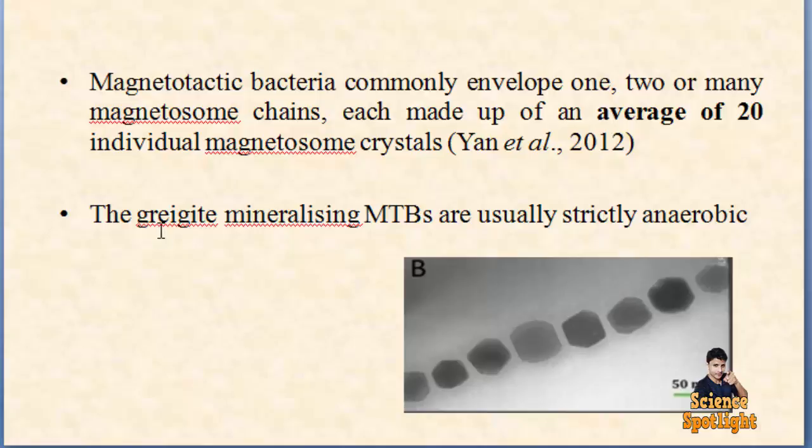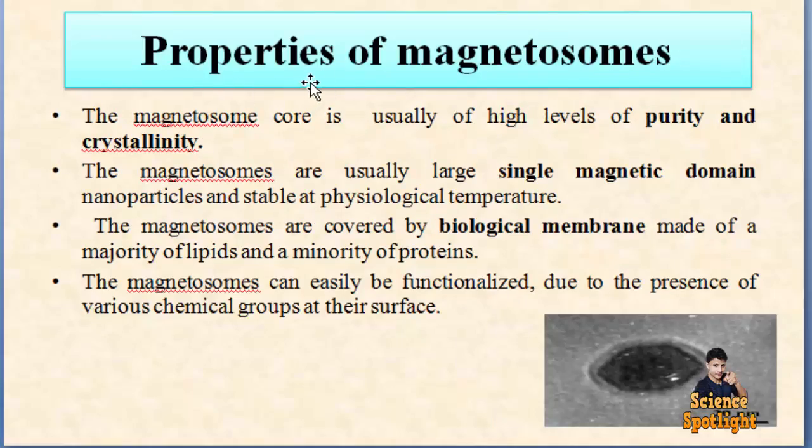And next is magnetite. The magnetite-mineralizing magnetotactic bacteria are usually microaerophiles or facultative aerophiles. And coming to some properties of magnetosomes, the magnetosome core is usually of high purity and crystallinity, and magnetosomes are usually large single magnetic domain nanoparticles, stable at physiological temperature.